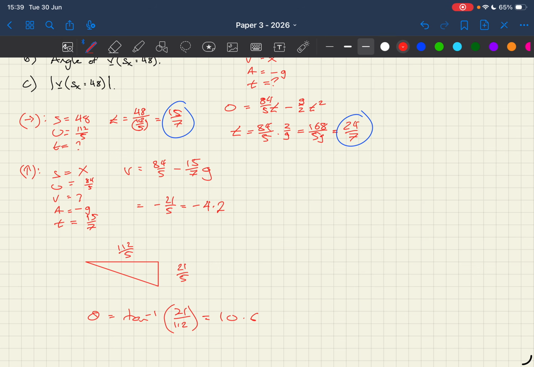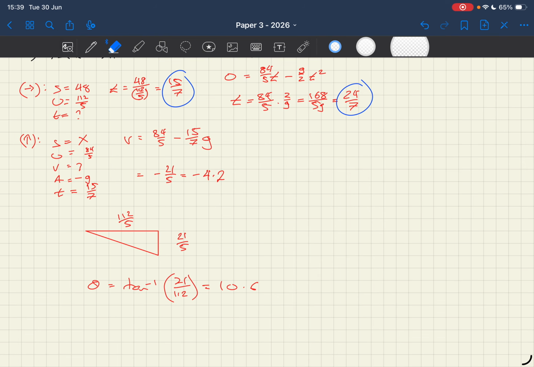Let's find out. If I do 21 on 112, is that the answer? Yeah, okay, so this is all correct. They just want the actual 21 on 112. So let's rewrite this ever so slightly. Tan theta is 21 on 112.